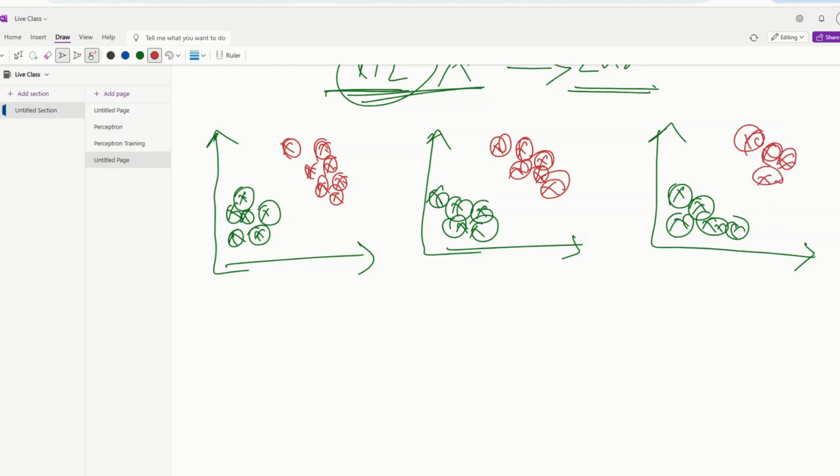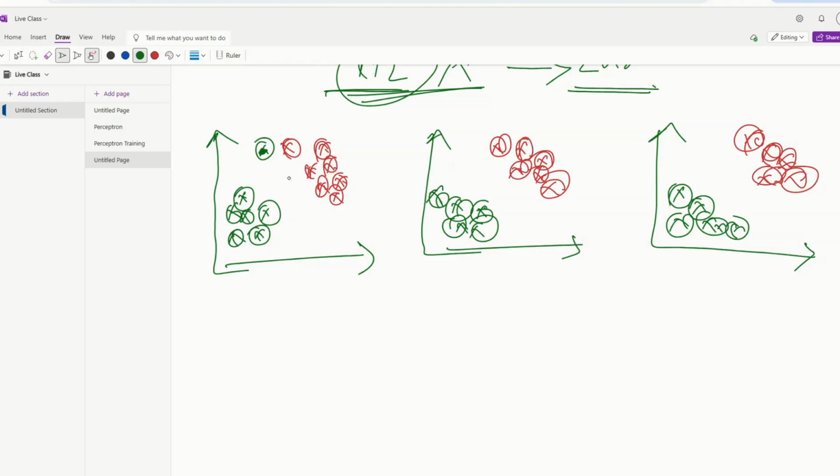Let's suppose there is one misclassified point, this green point, which should be along with the green cluster, but it is misclassified and very close to the red cluster.